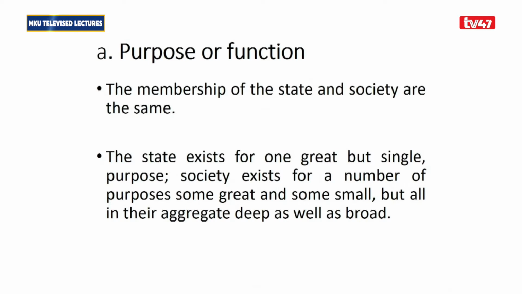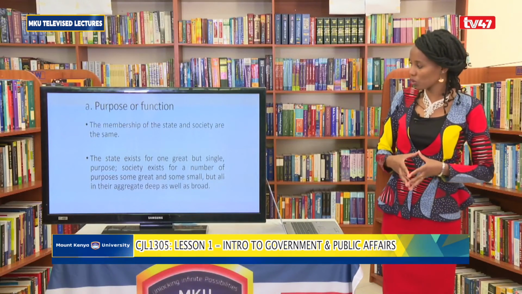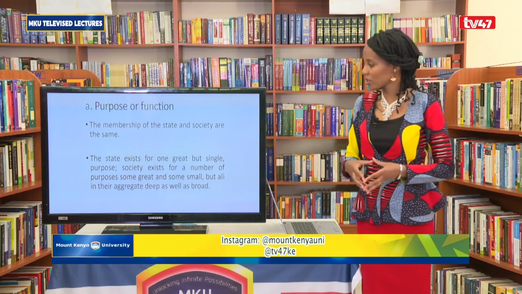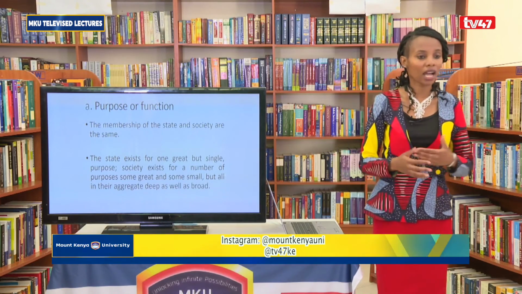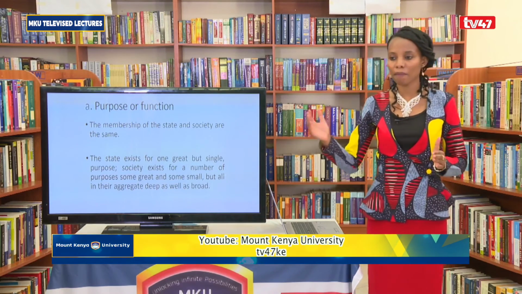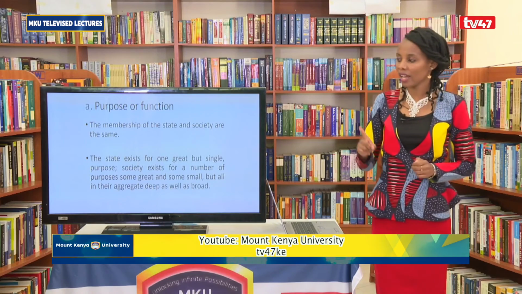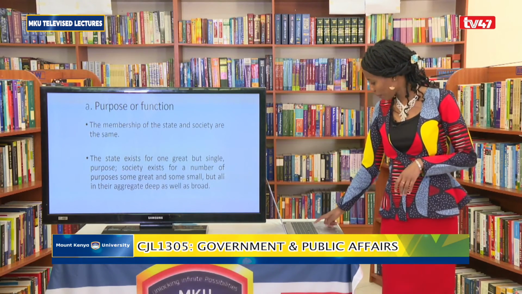He deduced that the state exists for one great purpose, but the society has different purposes based on the social organizations of a given society. A society may have some purposes that are big and some that are small, but a state exists for one great purpose.